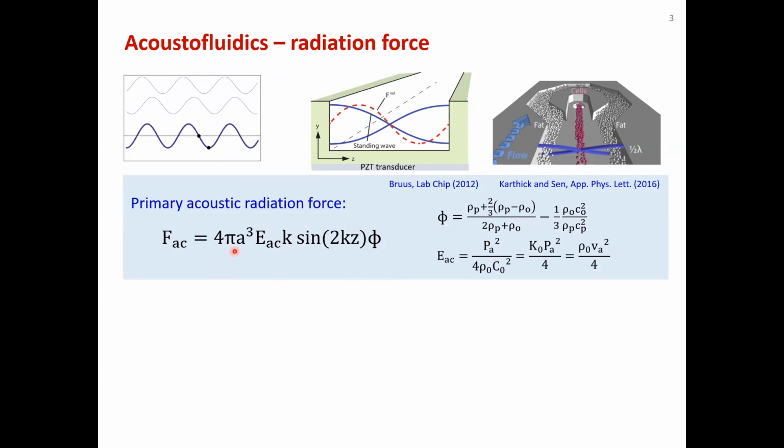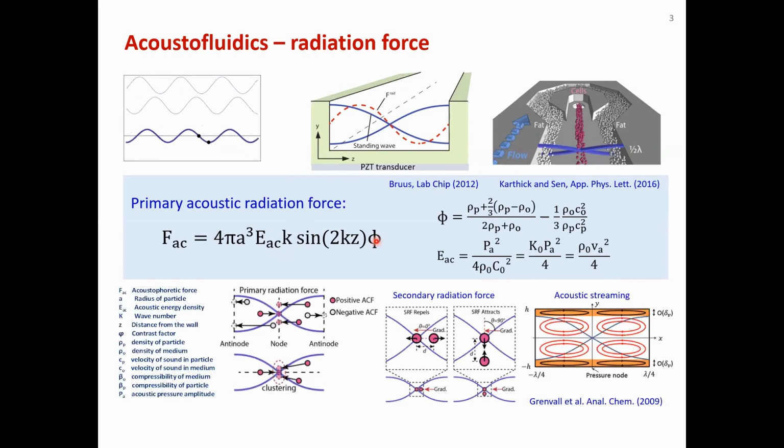And this force should scale as cube of the particle size and will be proportional to energy density, wave number, and a parameter phi, which is a function of density and speed of sound of the particle as well as the medium. Now, in addition to this primary acoustic radiation force, which basically drives particles with positive contrast factor towards the nodal plane, which is at the center typically, and the negative contrast factor particles toward the antinodal plane, you also have secondary radiation force, which is coming from the waves scattered from the neighboring particles.